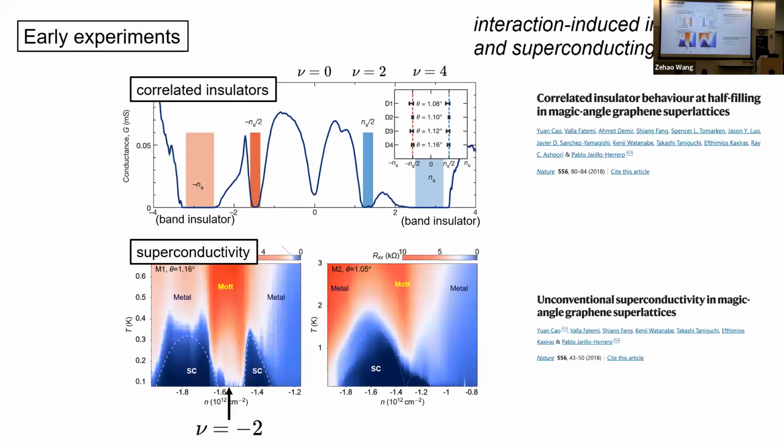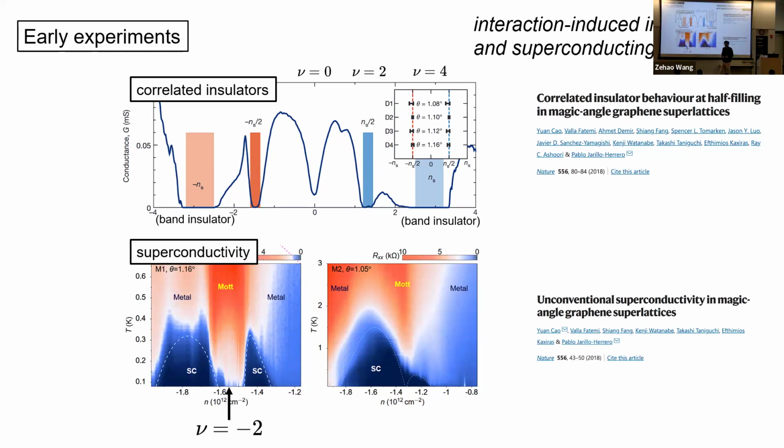So, the field really started in 2018 with this twin pair of experiments by the Pablo Jarillo-Herrero group at MIT, right? These are primarily transport experiments. In this top panel, I'm showing you the conductance as a function of the filling factor, right? Again, in these systems, you're able to tune the density in situ. On top of the band insulator at plus or minus 4, you also see a semi-metal at nu of 0.